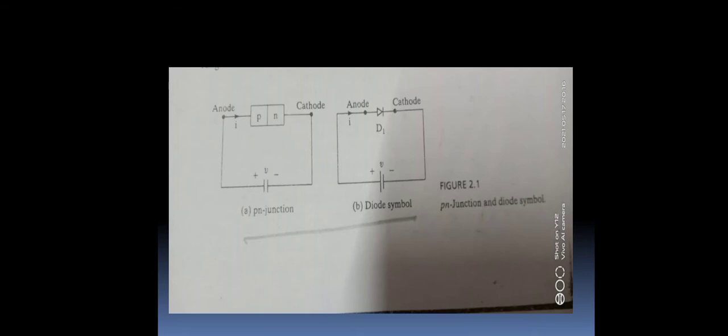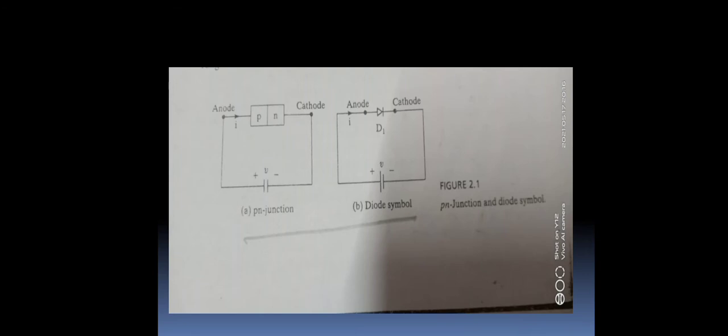This is the symbol of the PN junction and the diode symbol, with two terminals, anode and cathode.